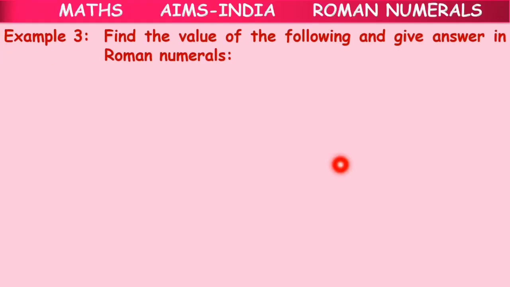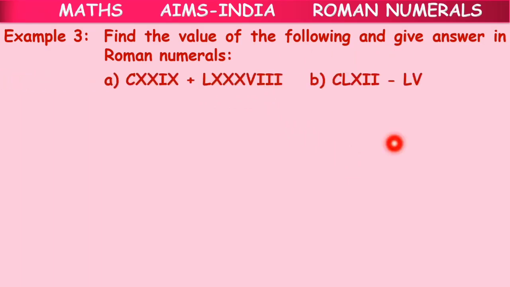Clear, children? Okay, now this question is: find the value of the following and give the answer in Roman numerals. Now here you have two questions. In the first question, what you have to do is convert these Roman numerals into Indo-Arabic numerals, then add both of them and write the final answer in Roman numerals.